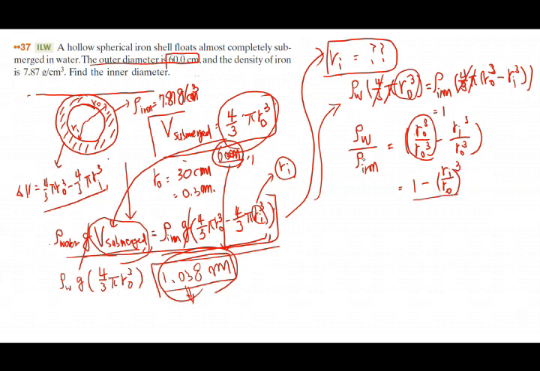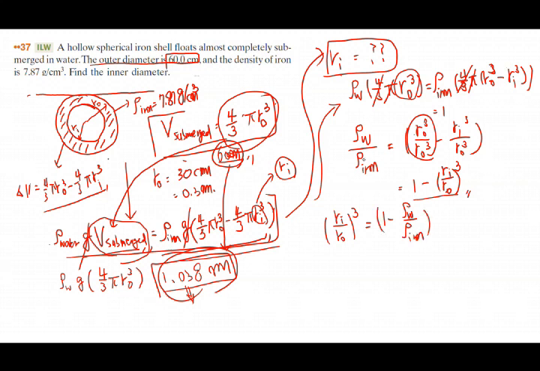Are you with me? Okay, then now we just move this one to the left-hand side and flip the minus sign on both sides of the equation. That should be Ri cube over R O cube equals 1 minus rho water over rho iron.